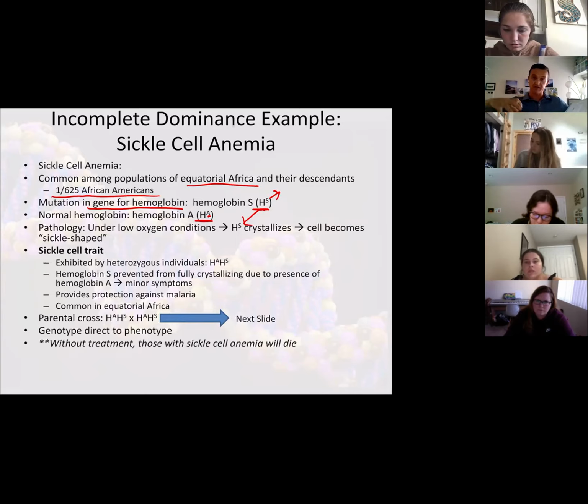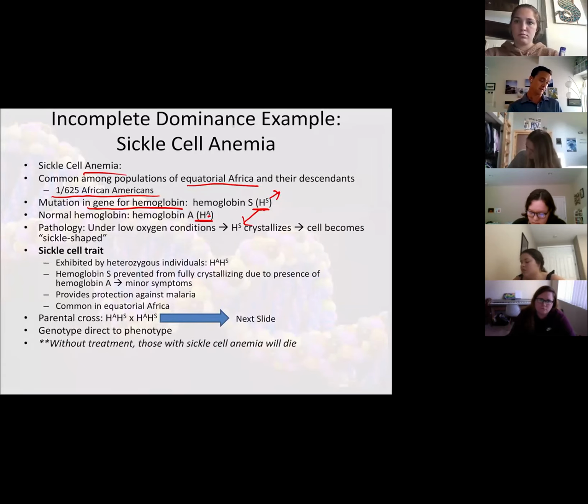It makes the blood cells bend and curve into the sickle shape. Okay, so it's kind of like this half moon type shape. They get stuck in places, they burst, and it's a very debilitating disease to have. Okay, so that's the disease, sickle cell anemia.